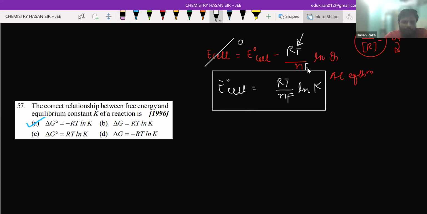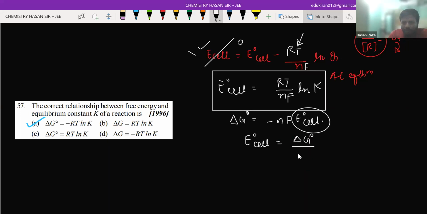When you derived the Nernst equation, it started from here. Now you can see E naught cell equals RT upon NF ln K. Now we know that delta G naught is equal to minus NF E naught cell. Now, the value of E naught cell from this equation can be written as delta G naught upon NF, and it will be negative.